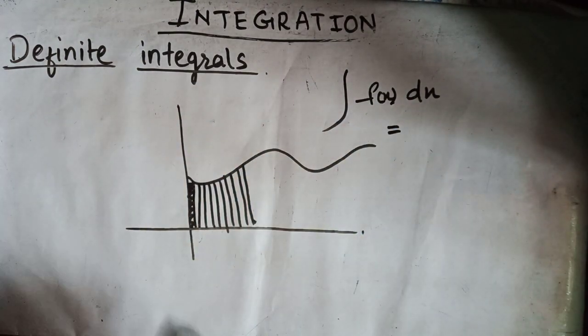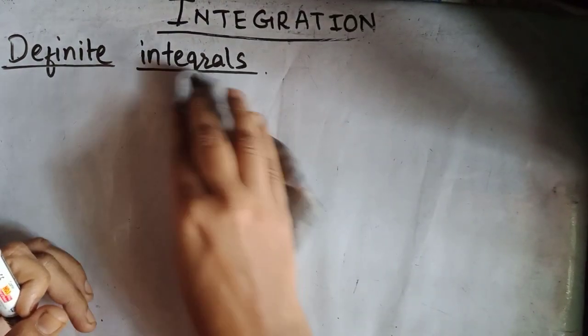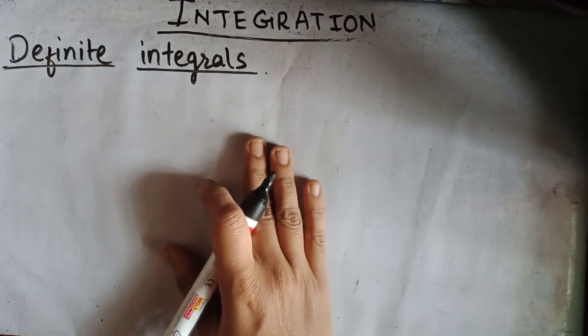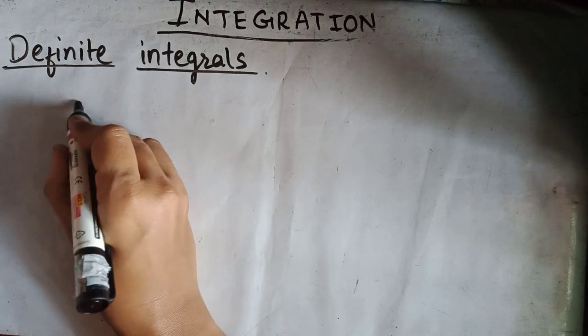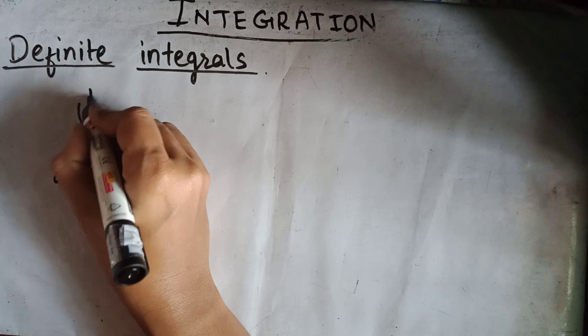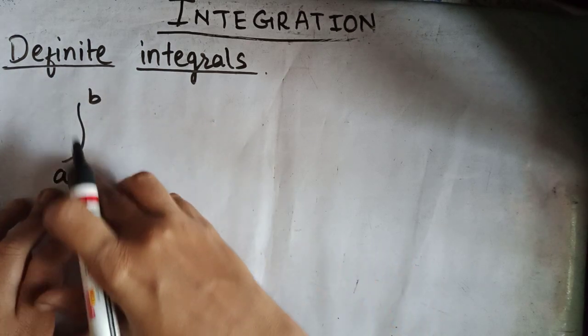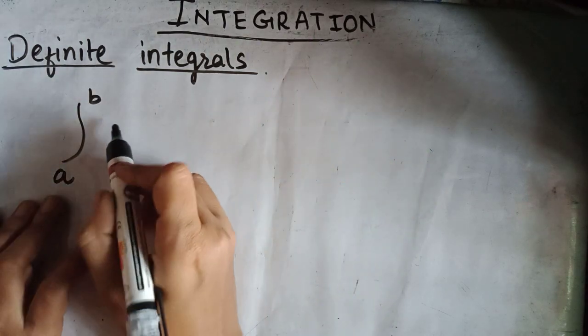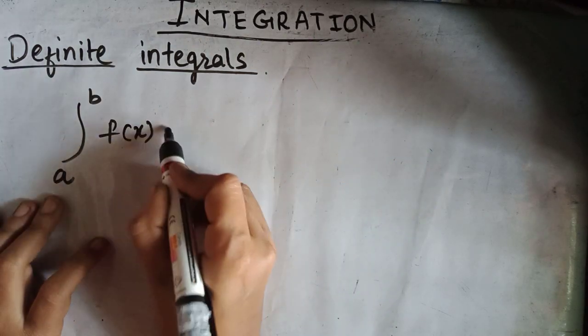So definite integrals use the fundamental theorem of calculus. It is given by the integral from a to b, so this is our limit. From a we are starting, at b we are ending, f(x) dx.